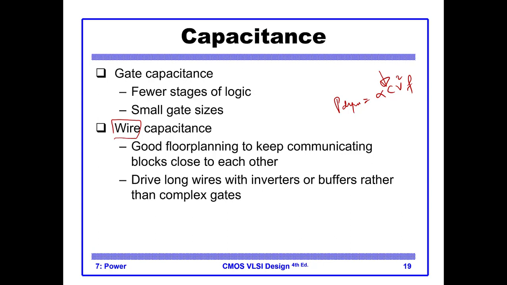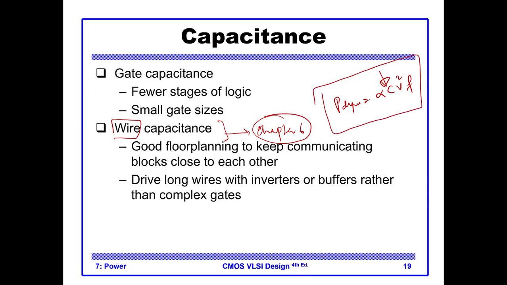Until now we have considered that wires are ideal, but actually they are not. In fact, there is a whole chapter on wire modeling, and that is chapter number 6. I don't think that we will have enough time to go through chapter number 6, but there is a whole treatment of how to extract the capacitances from your wires and what the models for that are. But in our discussion, we have kept the wires ideal.